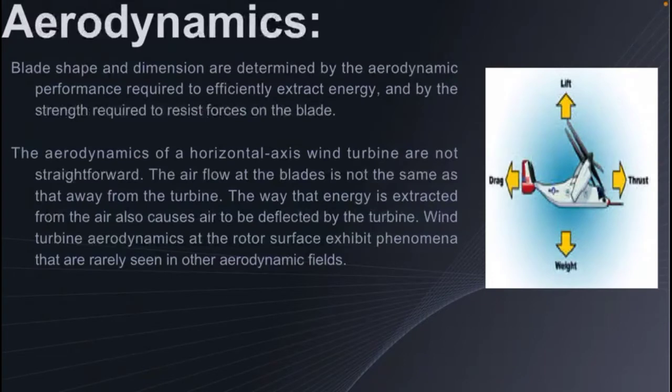Aerodynamics. In the wind turbine, the aerodynamics were in such a way that the wind which was passing through the turbine helped the turbine to capture the wind so that it can rotate and turn the energy into electrical energy.